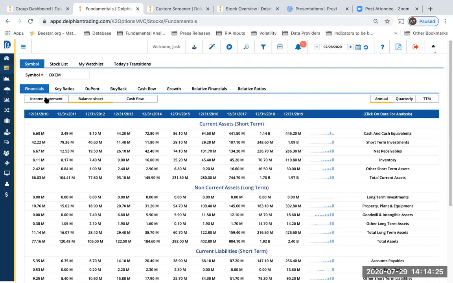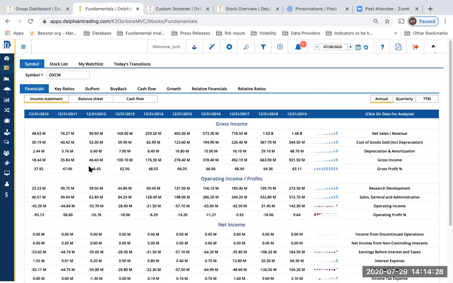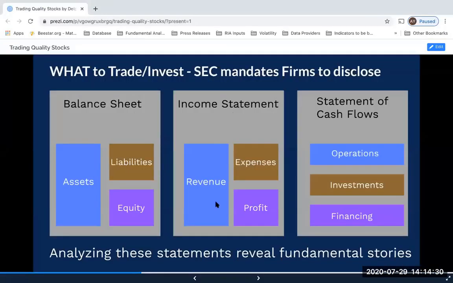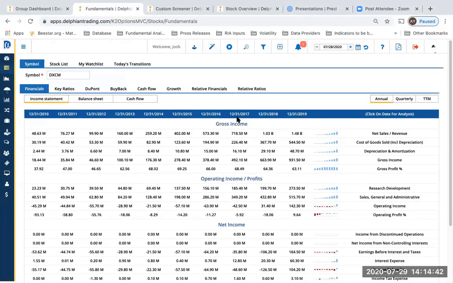If you go and look at the income statement, the second portion of it, here's a simple equation. If you are bringing in $100, my expenses need to be less than $100, and whatever is left over is profit, right? Very simple.